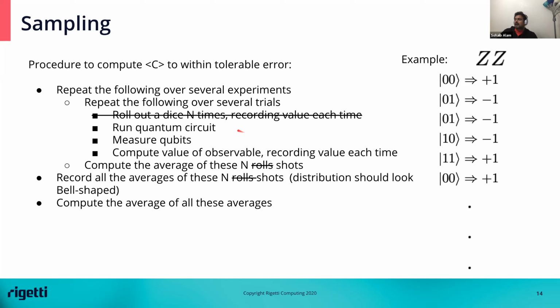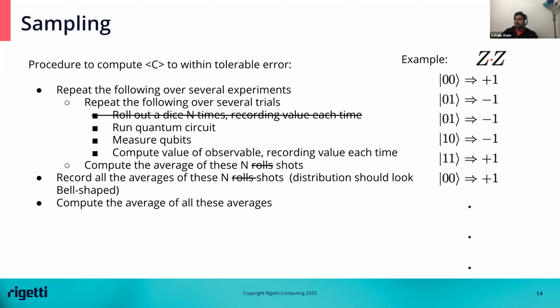And so, an example of how you would compute the value of some observable and record the value each time is slightly more complicated in the case of qubits. In the case of a dice, of course, you just read the number that lands facing you, right? So if it lands one, then you record one, and if it lands six, then you record six, etc. In the case of qubits, it depends on what you're measuring, of course.